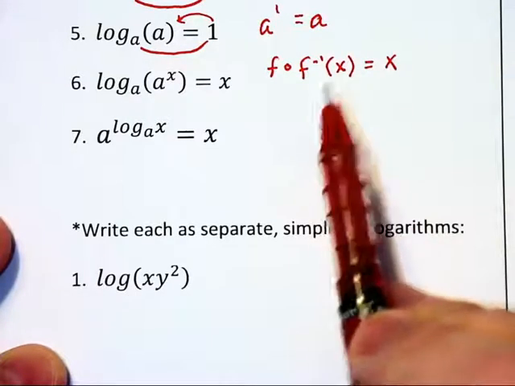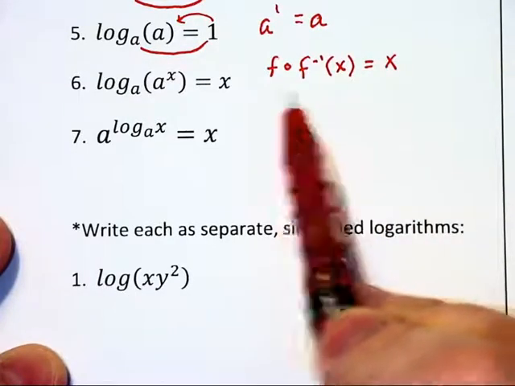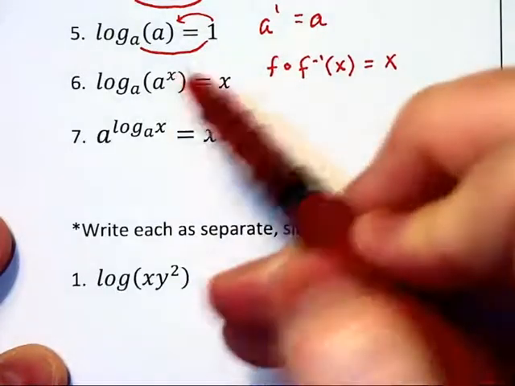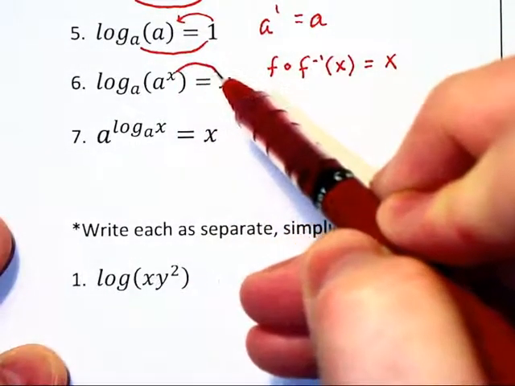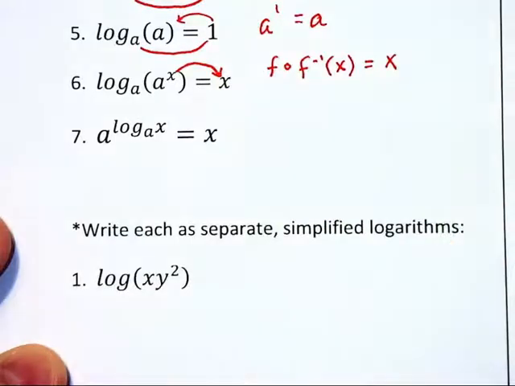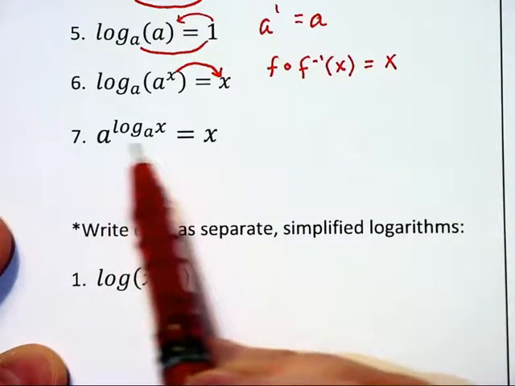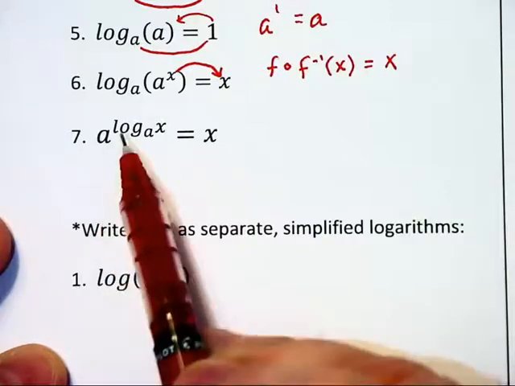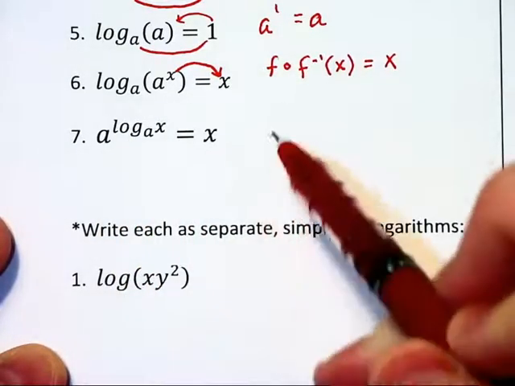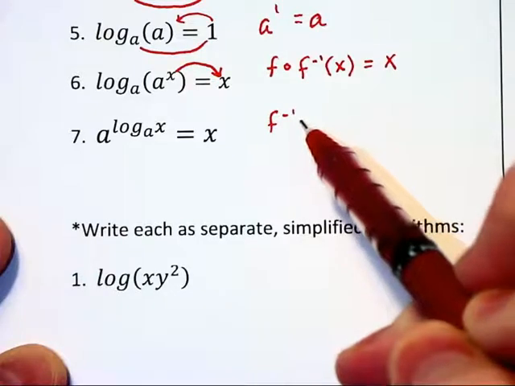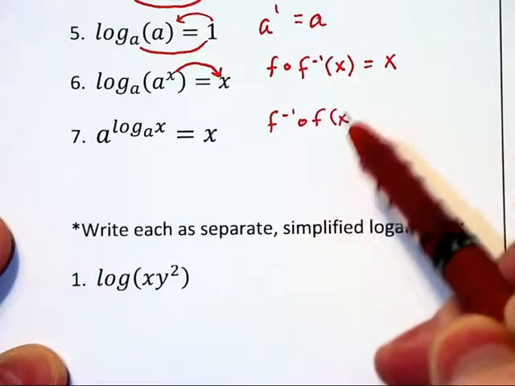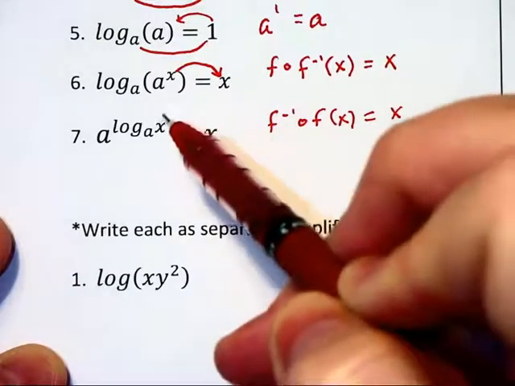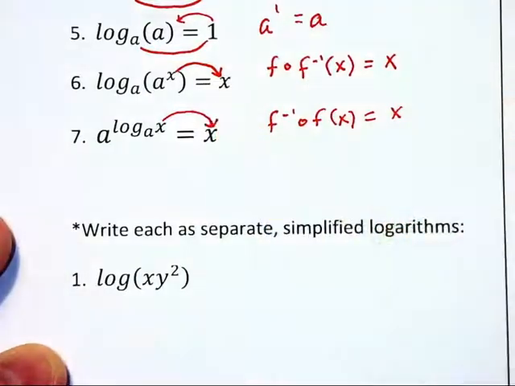In other words, we know that functions and their inverses undo each other. And basically what that says here is, whoop, out pops the x. Likewise, if you have a logarithmic expression substituted into the exponent position, a to the power, you're doing the same thing, but this time it's like saying f inverse composed with f of x is equal to x. Out pops that x, and that's what it's equal to.